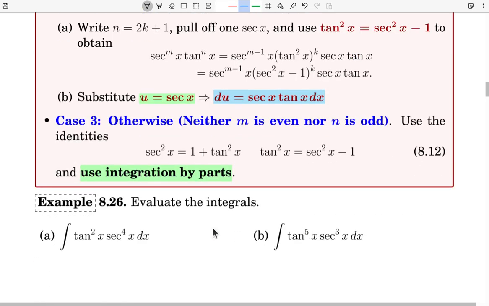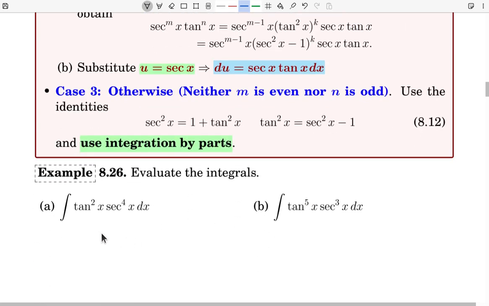Okay, now let's try to solve some problems. For instance, sec to the 4th: if we put sec squared aside, then the remaining part is sec squared.